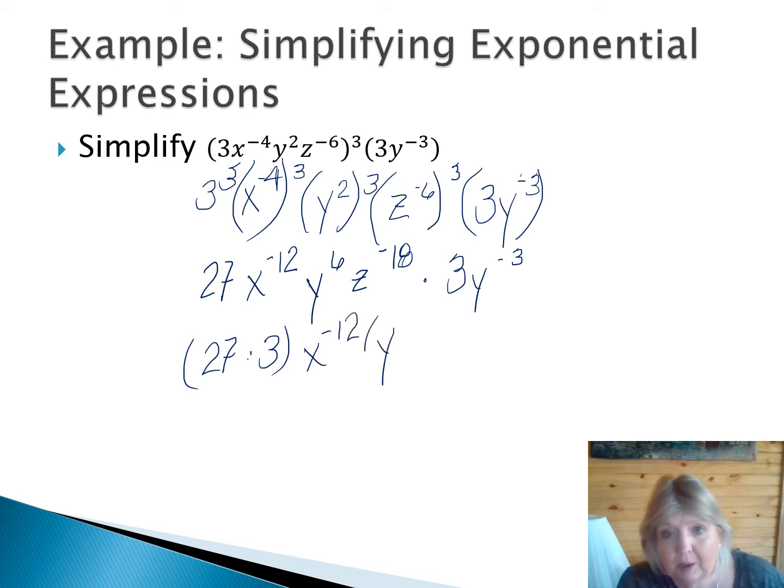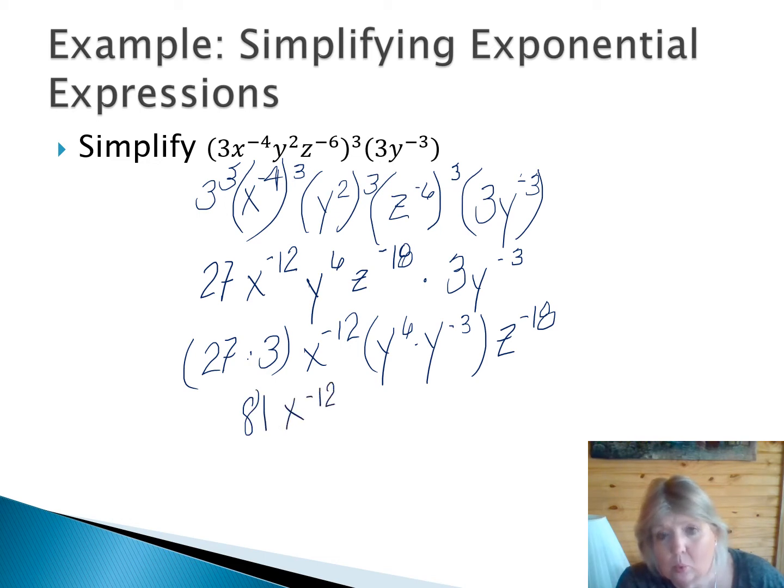I'm going to put my y to the 6th times y to the negative 3 together. And then again, z doesn't have any like base, so he's by himself. Okay, so now to simplify that, 27 times 3 is 81. When you multiply with a common base, you add your exponents.